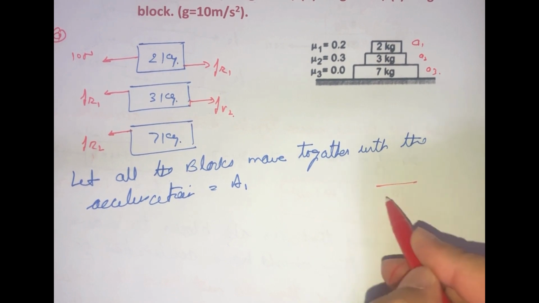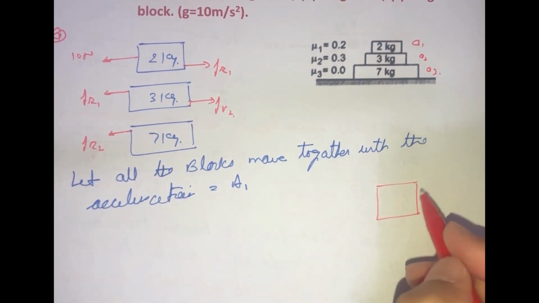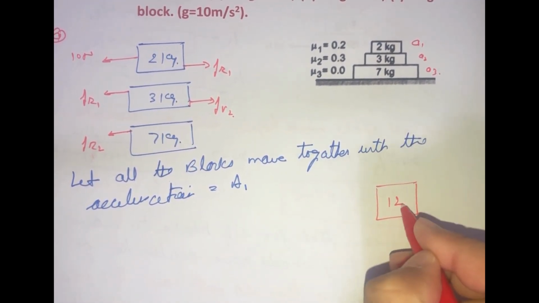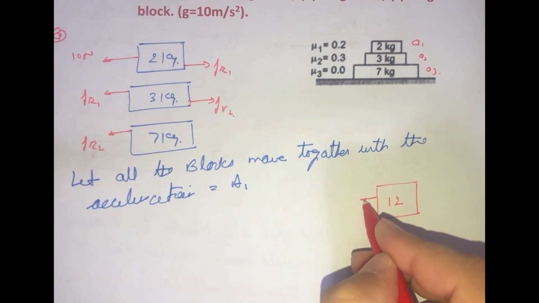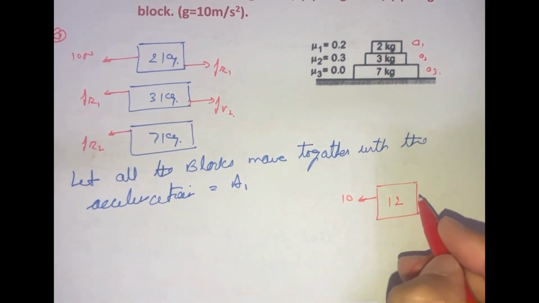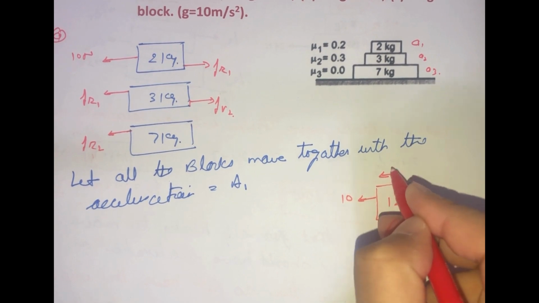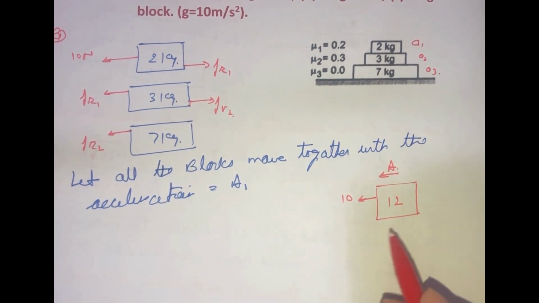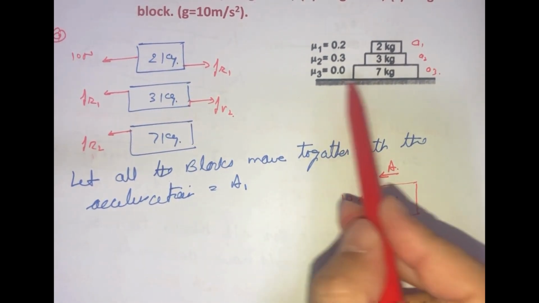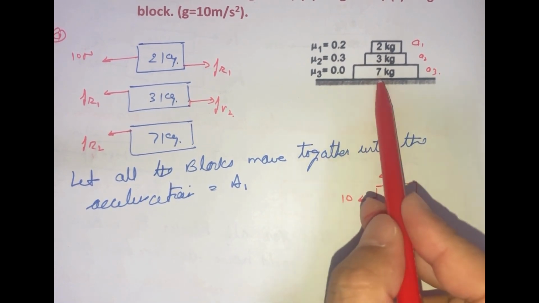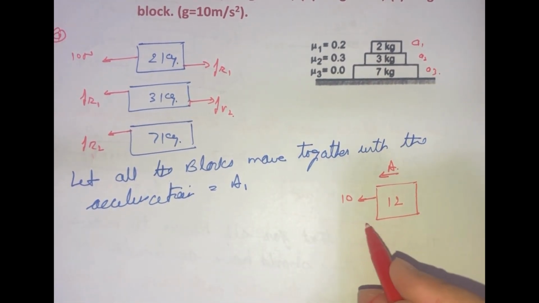So the combined mass will be 12 kg, and we have a force of 10 Newton. The coefficient of friction between the ground and the 7 kg is 0, so there will be no friction.